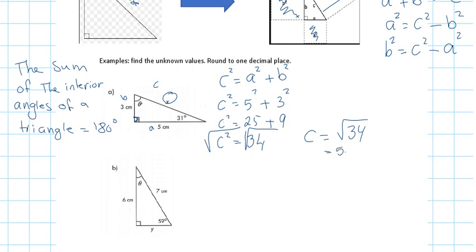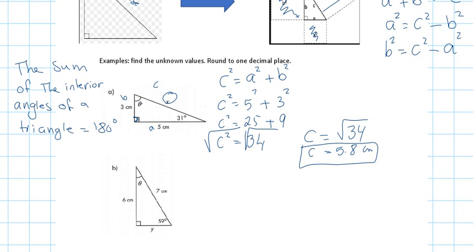It's 5.830945, whatever, but we just do it to 1 decimal place. And it's centimeters. Be careful, it's a square. You have to square.